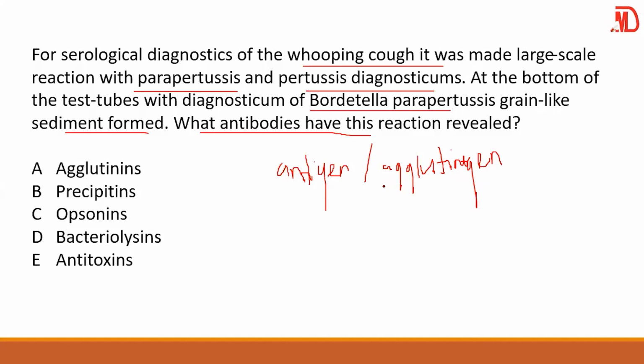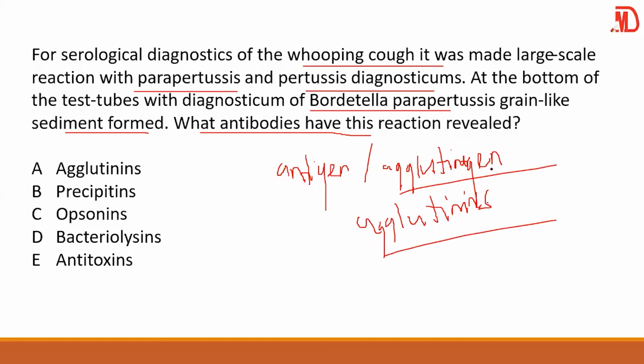Antigen and antibodies. And antibodies are called agglutinins. So we have agglutinogen and agglutinins. This is the antigen, this is the antibody.